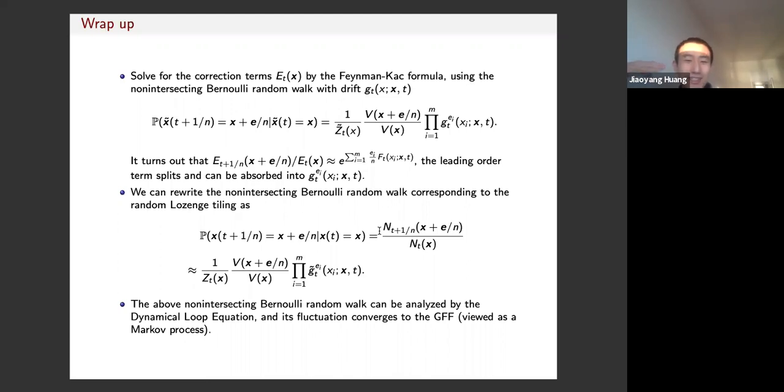And you can also think of the Gaussian free field, cut it into slices, view it as a Markov process, and also write down the stochastic differential equation. It turns out they are the same object. Then we can conclude this non-intersecting Bernoulli random walk corresponding to the random Lozenge tiling converges to the Gaussian free field.